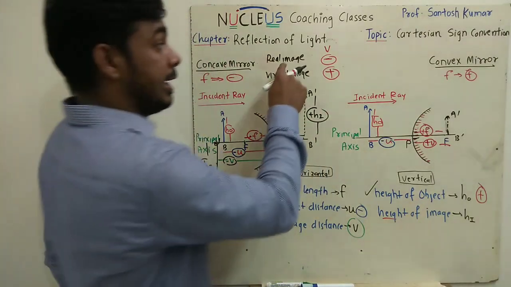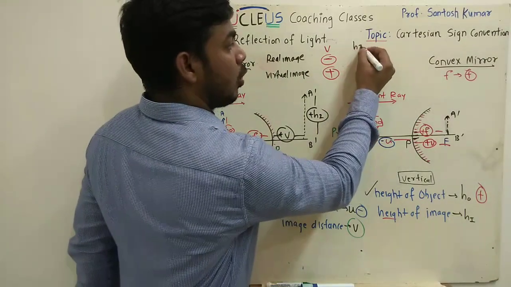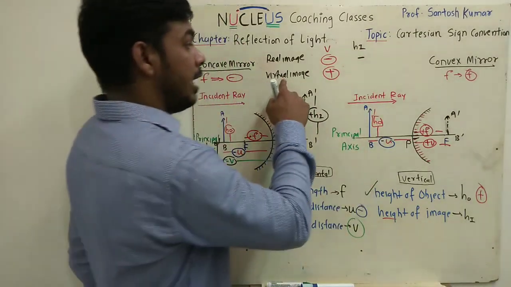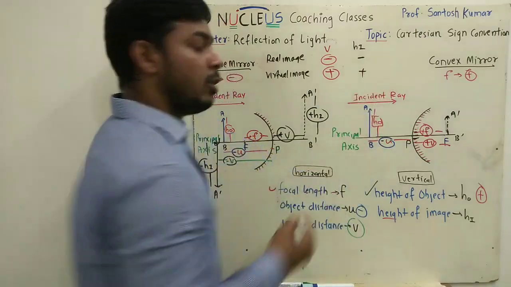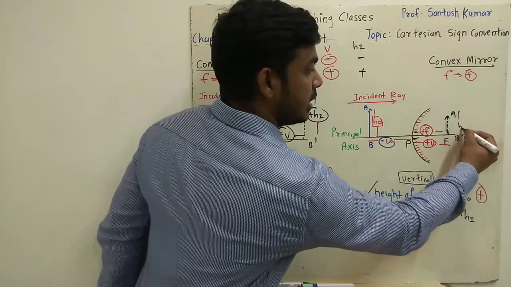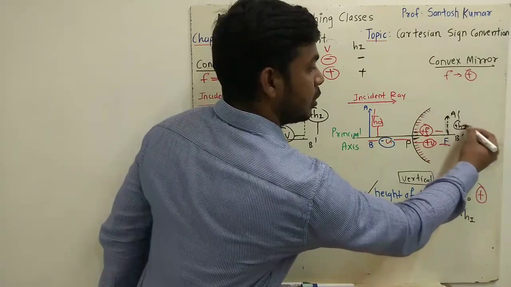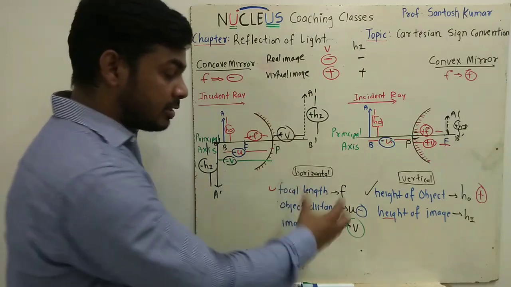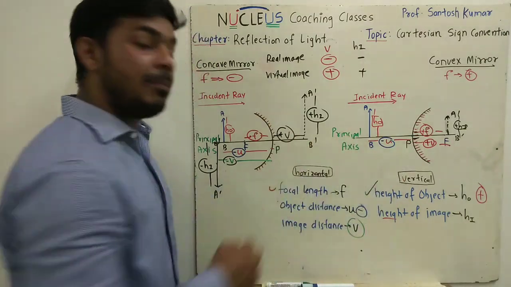So remember, in the case of a real image, the height of the image will always be negative, and for a virtual image it will always be positive. You can see here this is a virtual image, so this height is taken as positive because it is above the principal axis. So we have studied the sign convention for the 5 parameters.